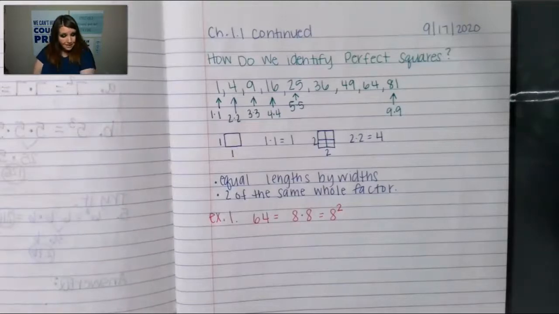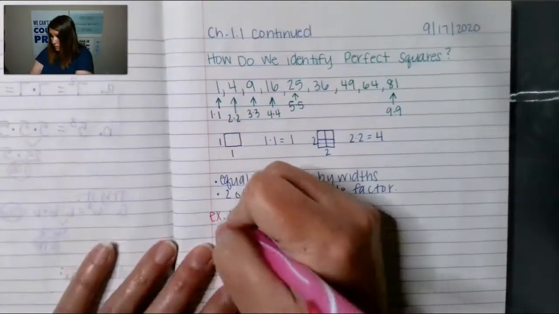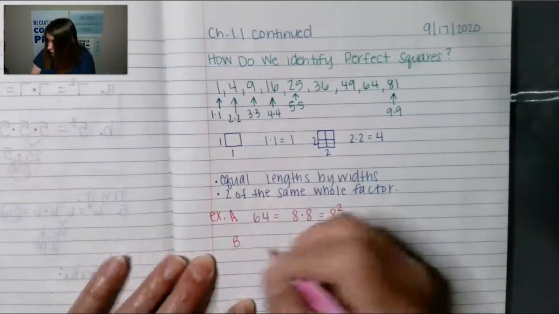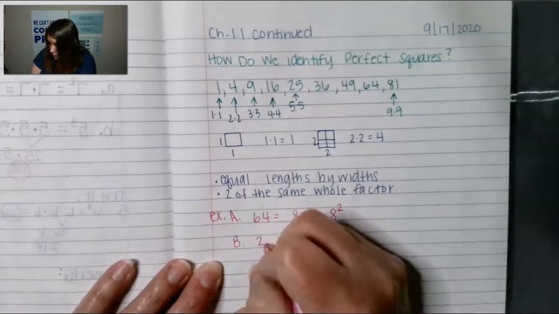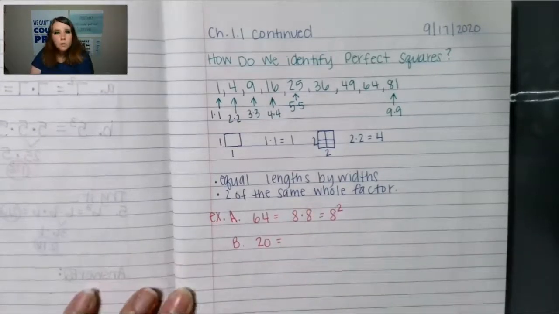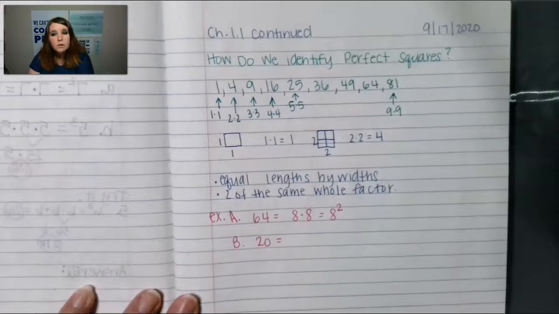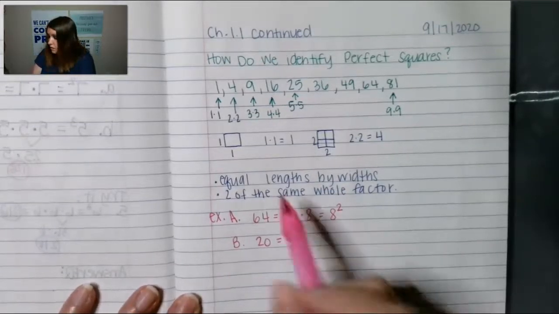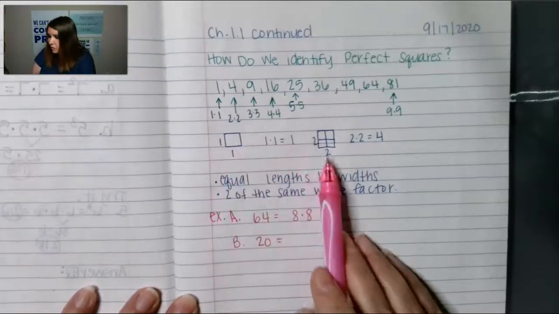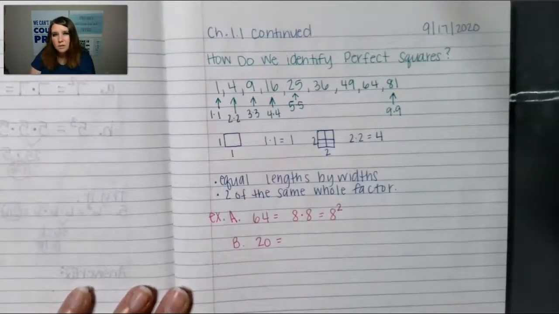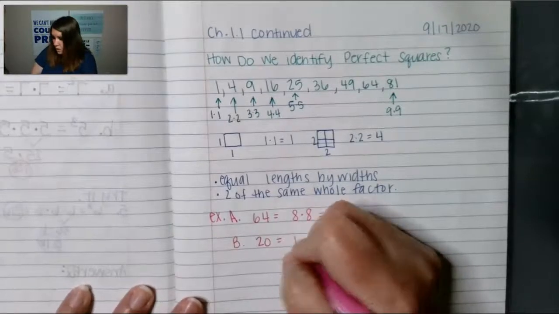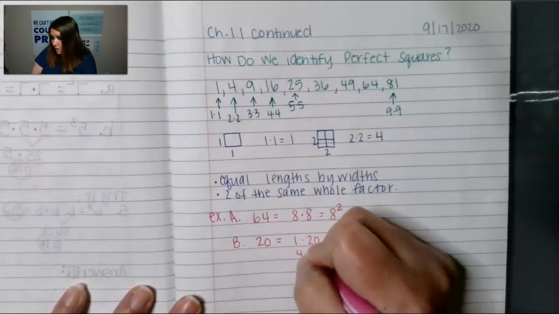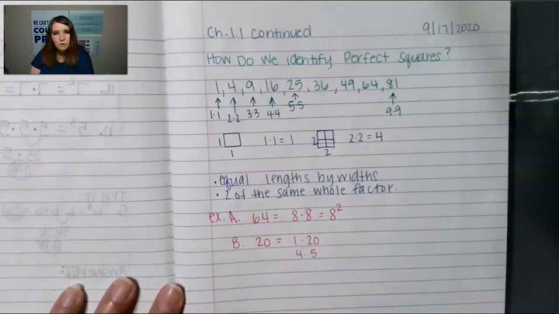Let's look at like the number 20. Okay, so this is example A, and let's do example B. Let's look at the number 20. Is 20 a perfect square? Can we make 20 into a perfect square? If we're using this idea of 1 by 1, 2 by 2, how do we make 20? Well, 20 is a 1 by 20 or a 4 by 5.